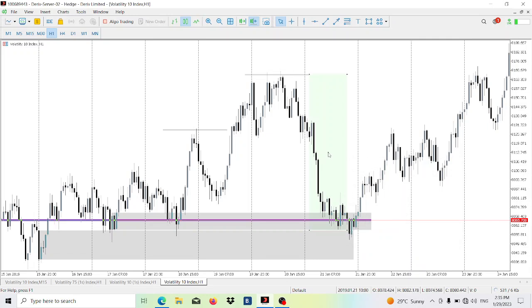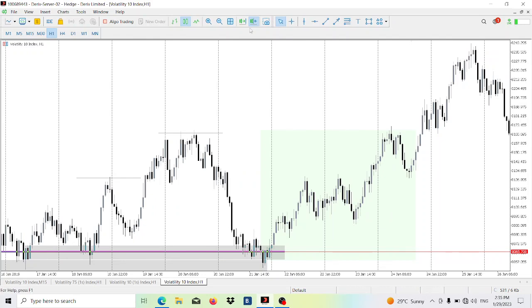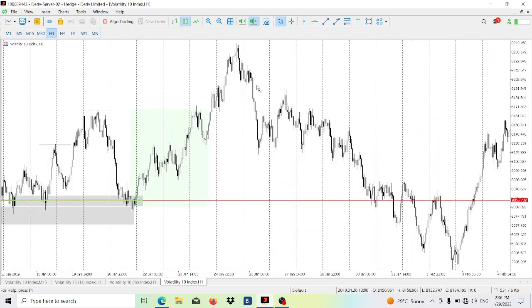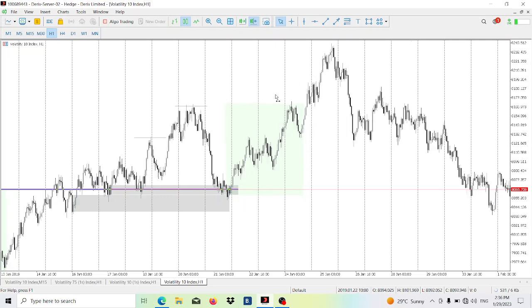So the market did as planned. Took 1, 2, 3 days to achieve the objective. And we had little to no drawdown ever since we entered here. Took it long.